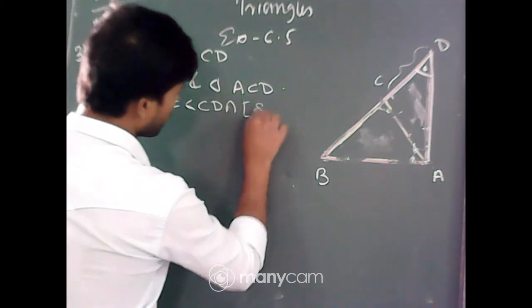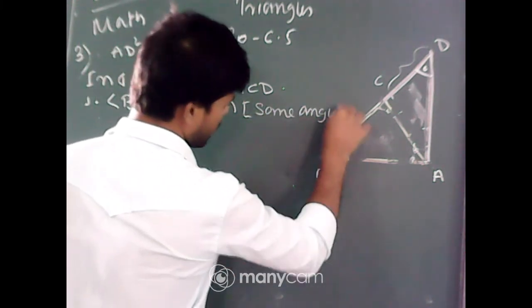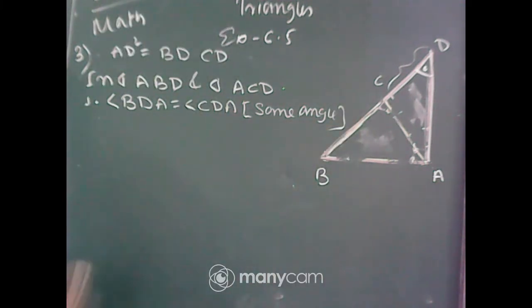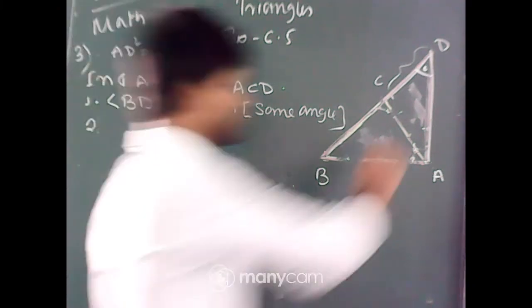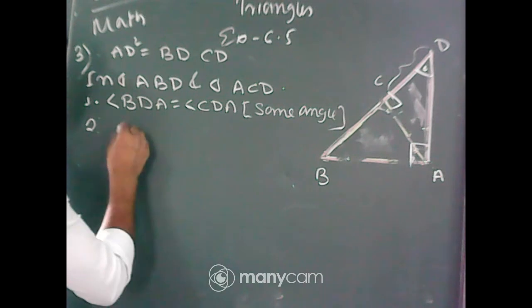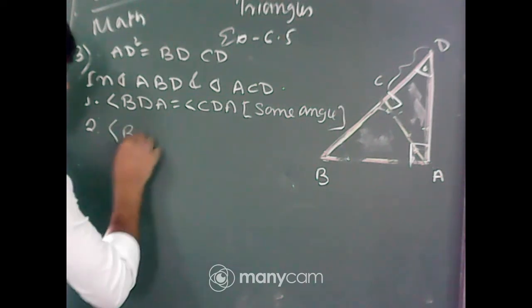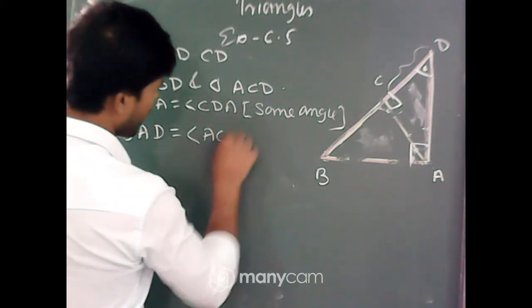Why? Because the angles are the same. And the second condition, both the triangles are right angled. Right angle at C and right angle at A. So the third condition will be angle BAD is equal to angle ACD.